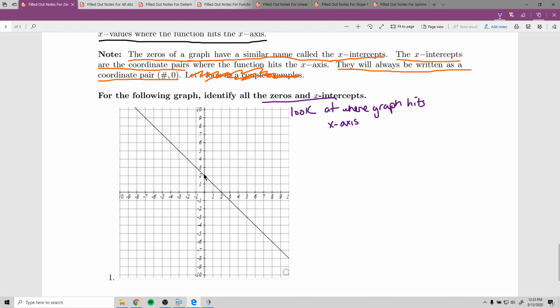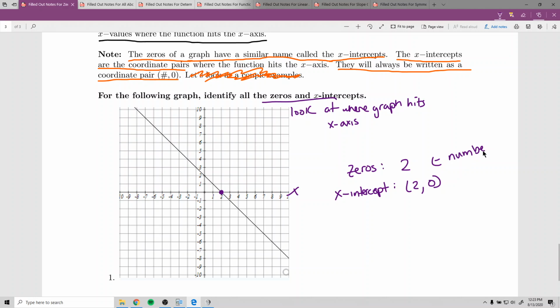And that does it in exactly one spot. This is our x-axis. It hits it right here at 2. So the number 2 is a 0. And the x-intercepts, well, we only have one because it only hits 1. It's the coordinate pair there, 2, comma 0.